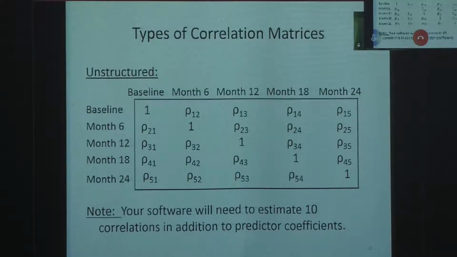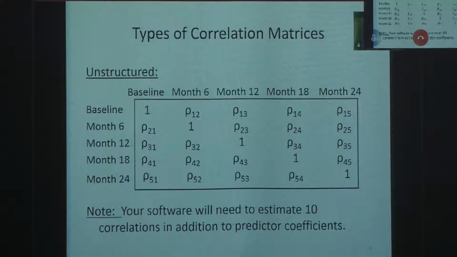This term, unstructured, is pretty common now, so whether you're using SPSS or SAS or Stata, the notion of an unstructured correlation matrix kind of cuts across the programs. Here, if you say unstructured, and quite literally, when you run it, you'll say something like type equals unstructured. And that's pretty much the only input you're going to need to give it, and then you'll get answers.